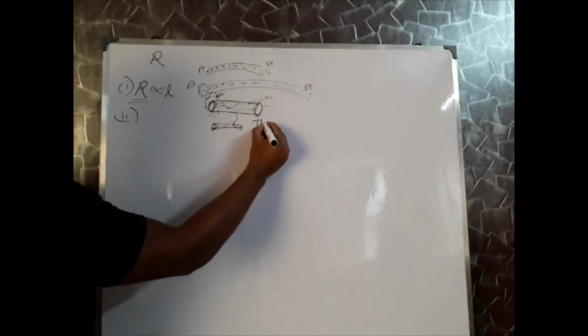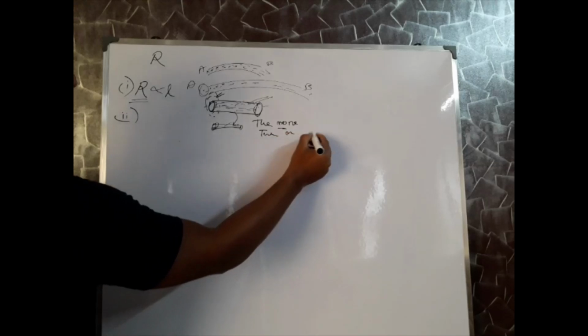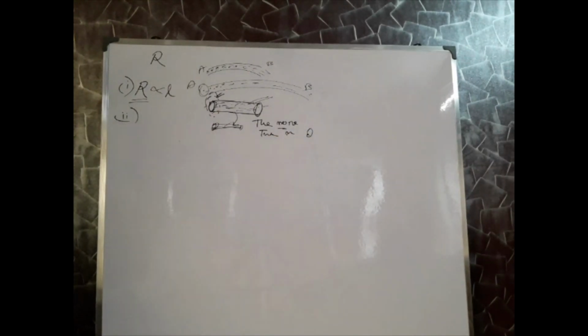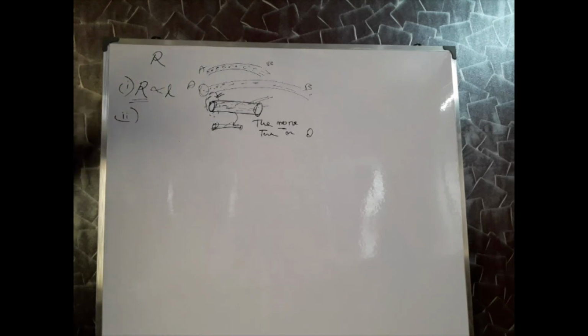So the more the cross section area increases, the more the resistance decreases. Because if you increase the cross section area, the rate of current, the number of electric charges, will increase. So when the rate of current increases, automatically the resistance will be decreased.